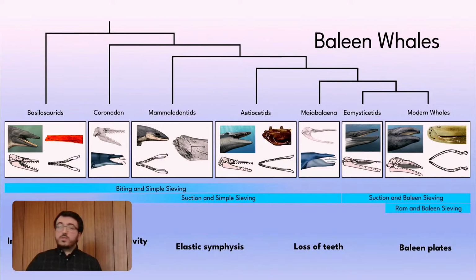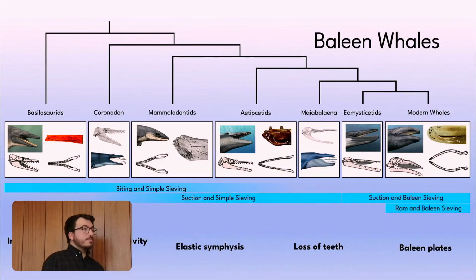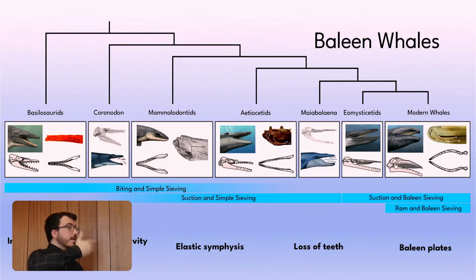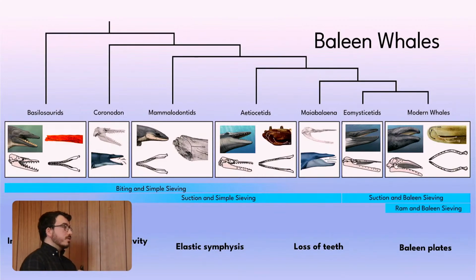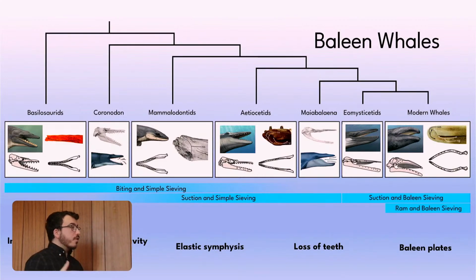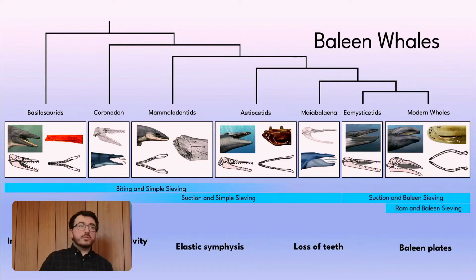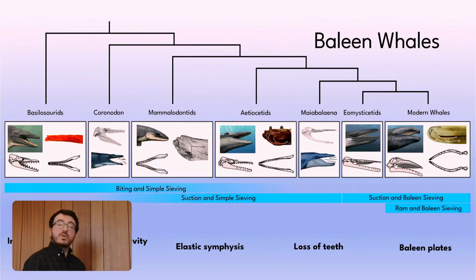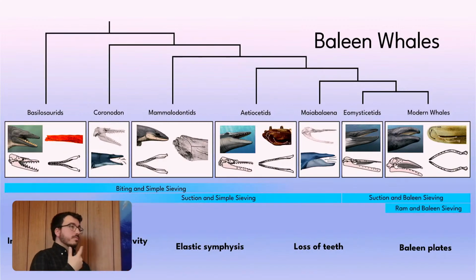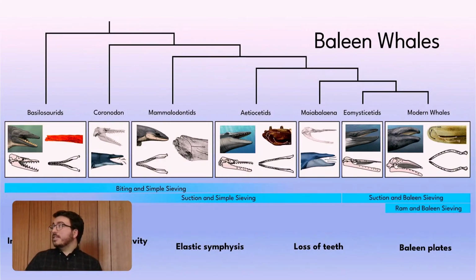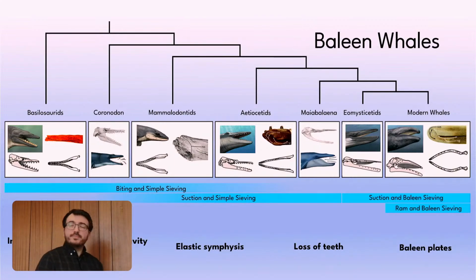But essentially, what we've got to evolve is the baleen plates, which are keratinous plates made of the same thing as nails and things like that, to sift out prey from the water. So they engulf huge amounts of water and then sift out the usually krill, small organisms, from the water. And so they're able to eat huge quantities of food in one movement. And that's how they get so huge.